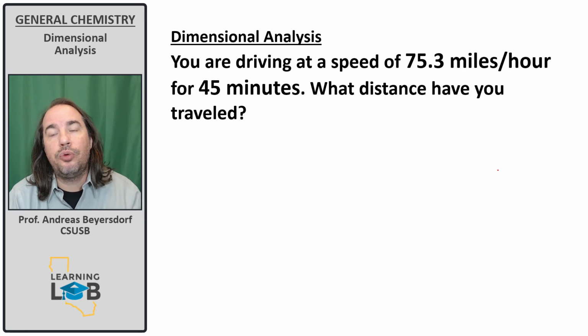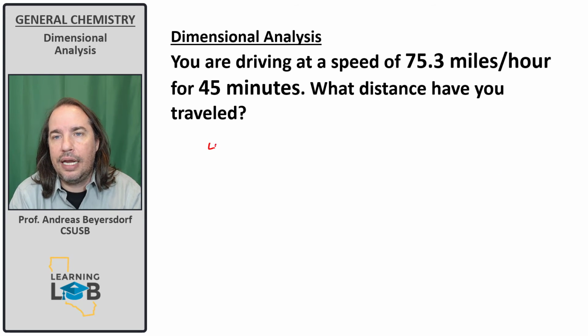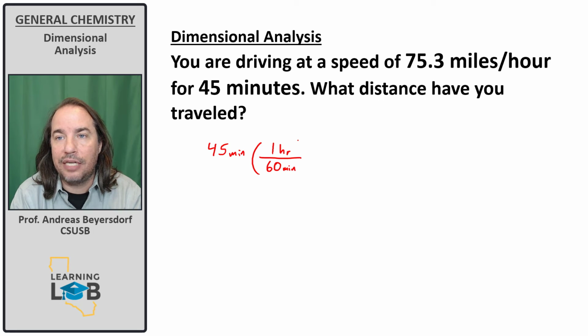So what I have to do instead is I need to go ahead and convert from minutes to hours using my conversion factor and using dimensional analysis. So my minutes will cancel out and I'll get 0.75 hour.